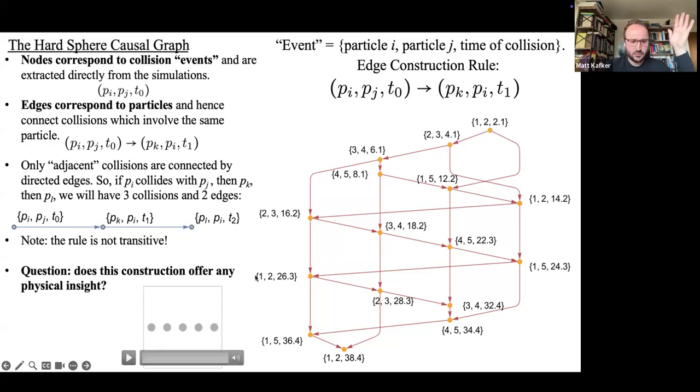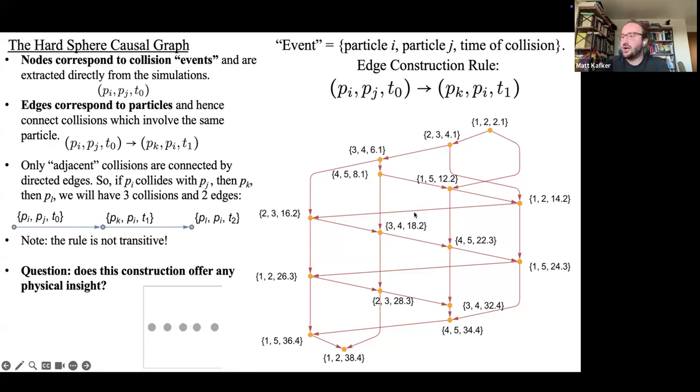Okay, so does this construction offer any physical insight? It's an arbitrary construction at this point, so I expect people are not perfectly following this. But the situation is like this. We have basically a Newton's cradle with periodic boundary conditions. That's the setup to introduce this thing. Sorry about that.